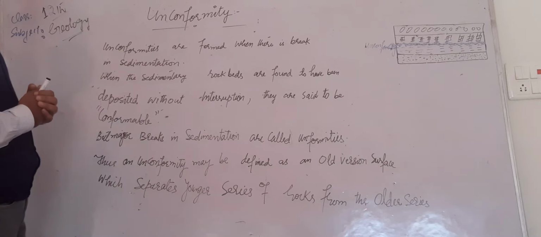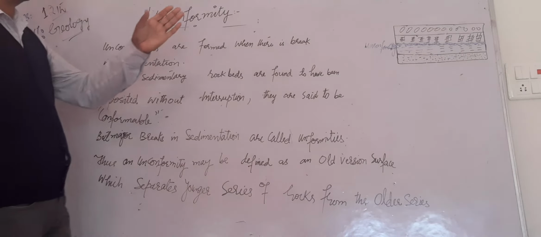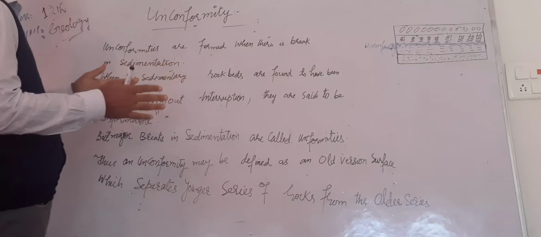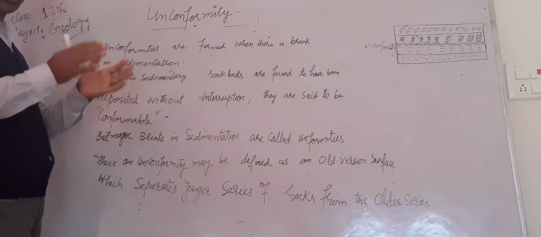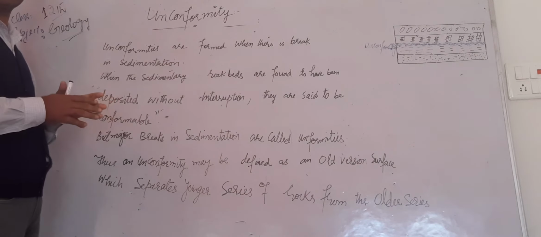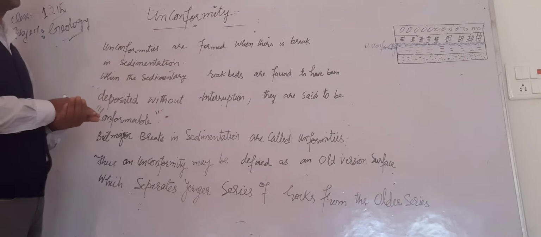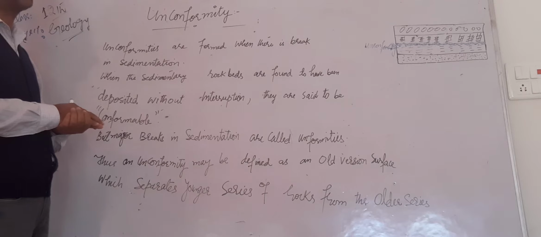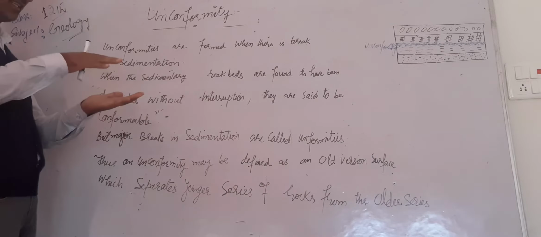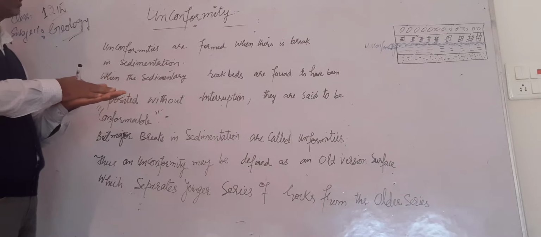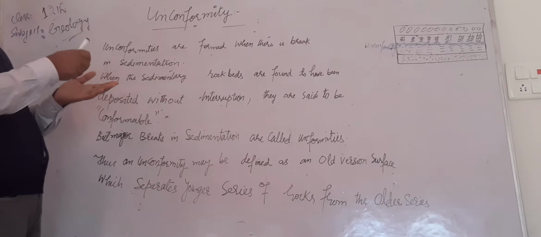Basically, what are unconformities? Unconformities are formed when there is a break in sedimentation. The rock structures, especially the sedimentary rocks, are formed by sedimentation.